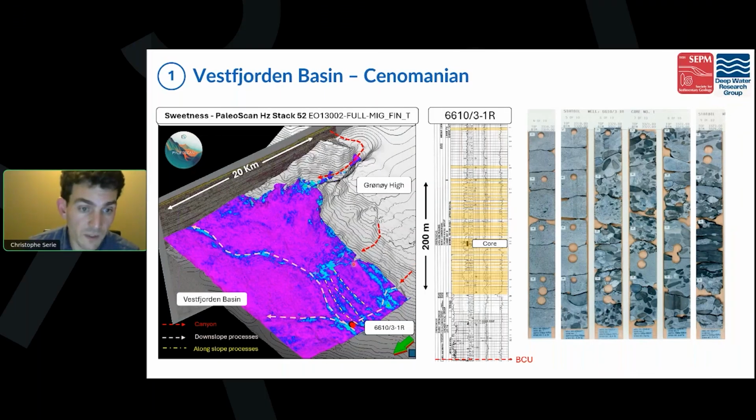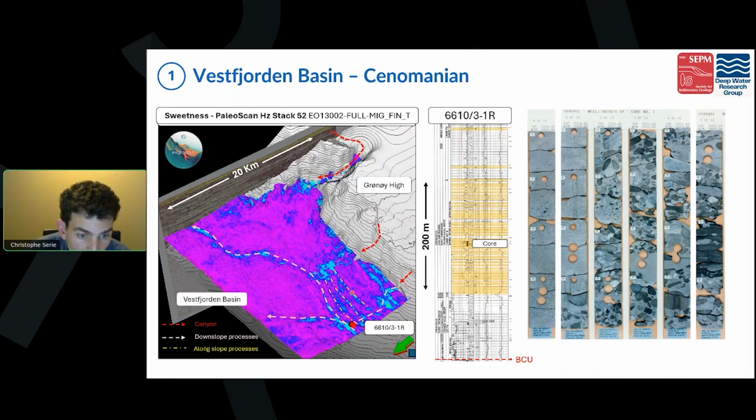So now if we start to link what we can see in seismic geomorphology with the well and the core. In this case, the well is located up here, and then we start to see that we have the active canyons in red, and then some of the canyons were not providing a lot of sediment, but the southern one, and then you can actually map those deep water systems going to the north east into the basin.